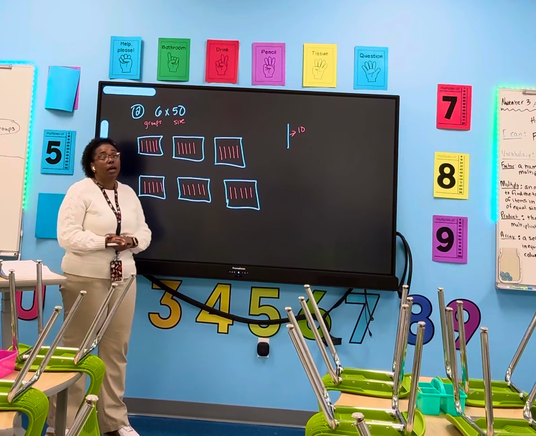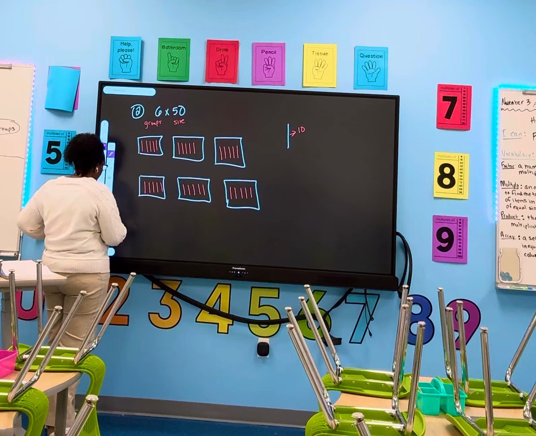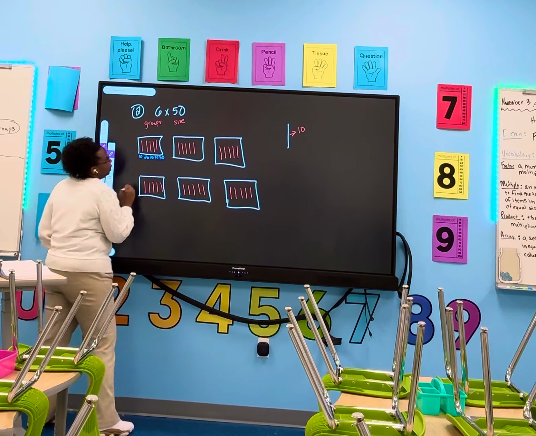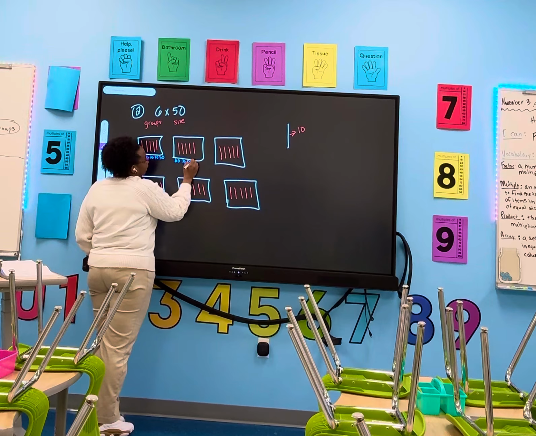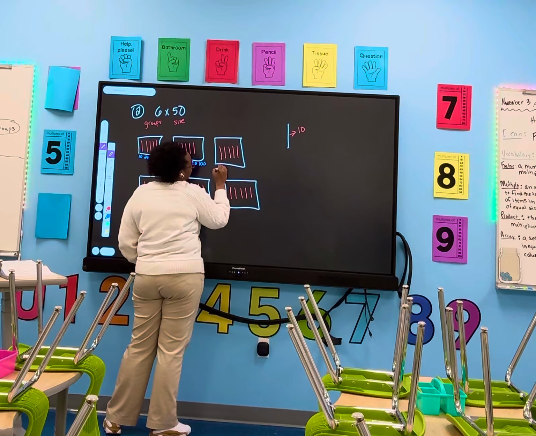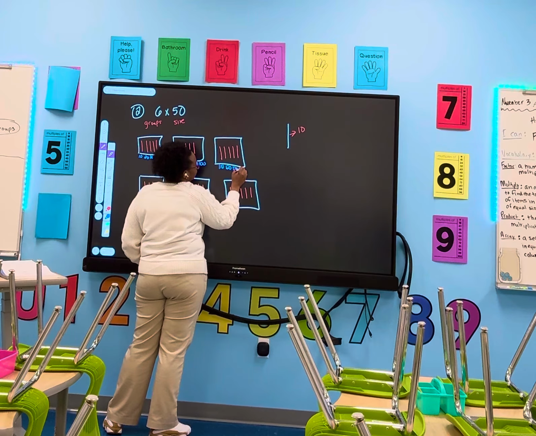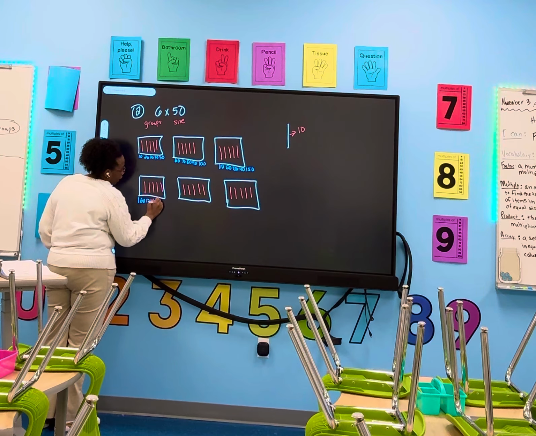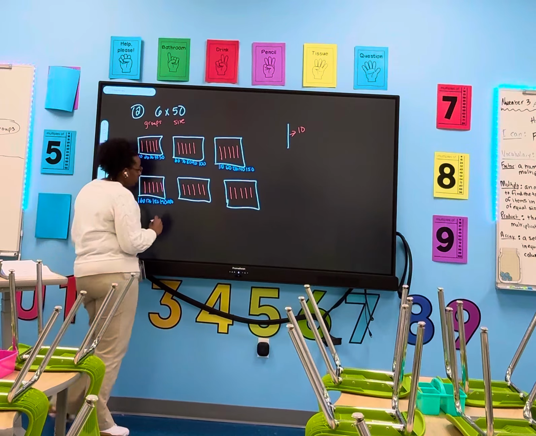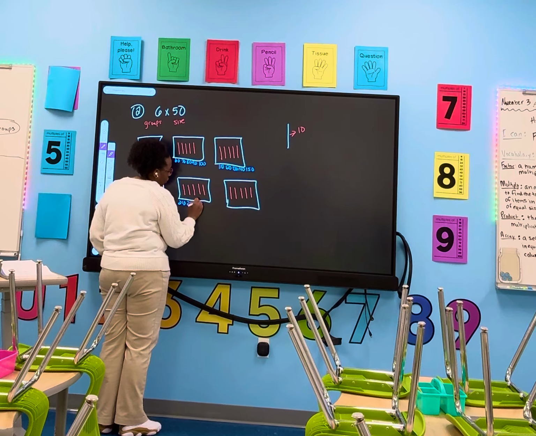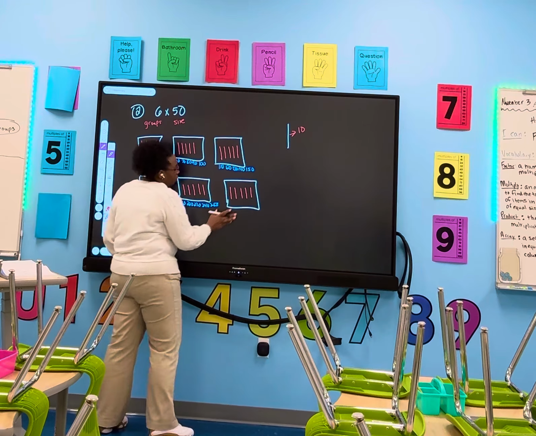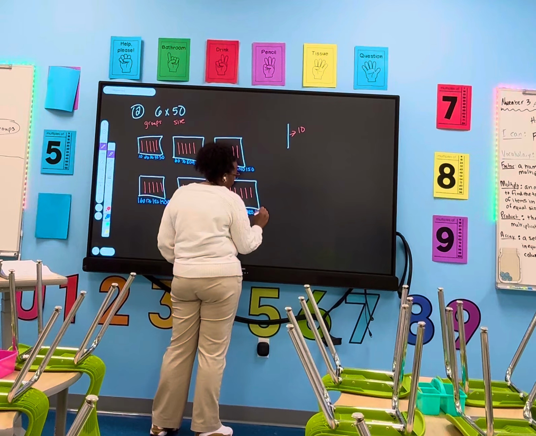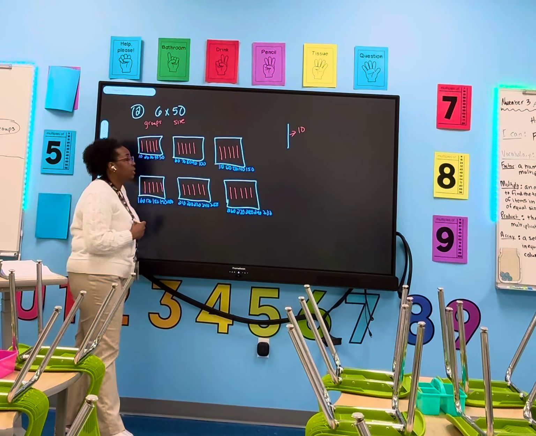So we can skip count by 10s, and now it'll be easier for us to do that. 10, 20, 30, 40, 50, 60, 70, 80, 90, 100, 110, 120, 130, 140, 150, 160, 170, 180, 190, 200, 210, 220, 230, 240, 250, and then my last box, 260, 270, 280, 290, 300. So when I got to my last one and I did the skip count, I got 300.